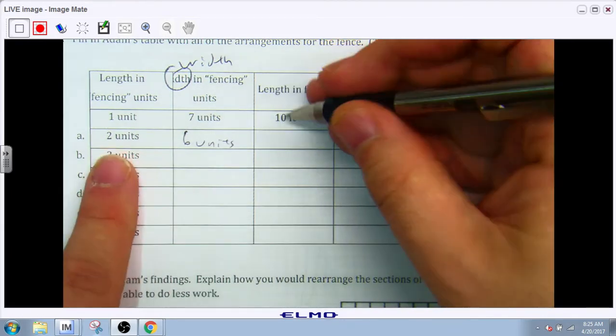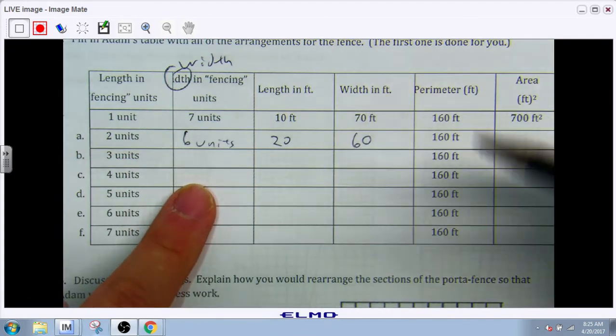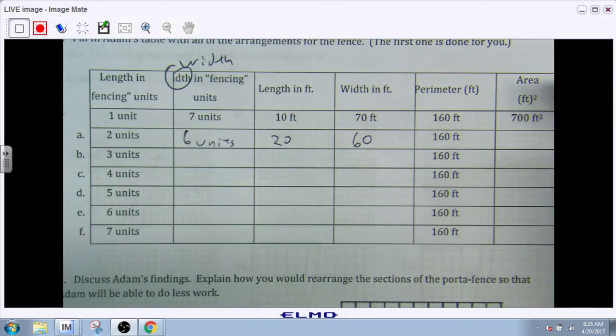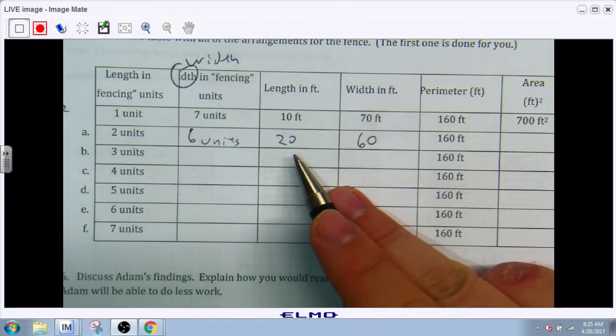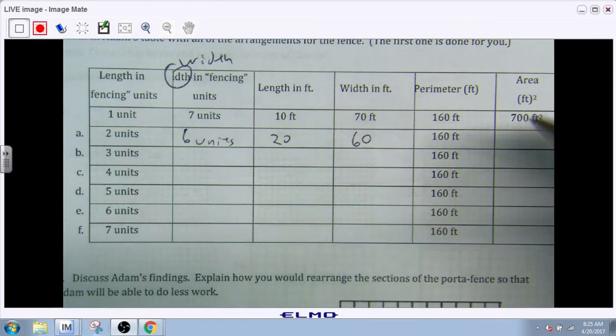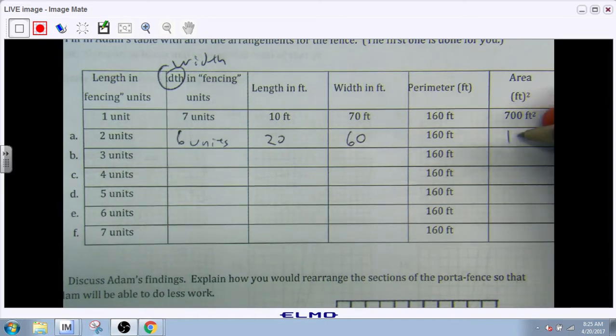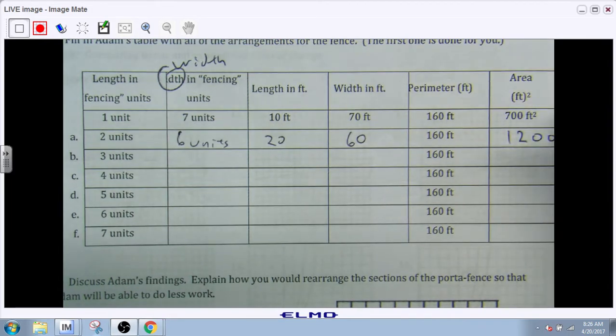So the length would be 20 feet. The width would be 60 feet. The perimeter is still 160 feet because I used them all. But what's my area going to be? Well, it's going to be 20 times 60, which is going to be, what is that, 180? 120. Okay, 1,200 feet squared.